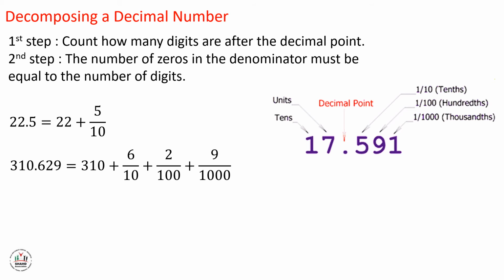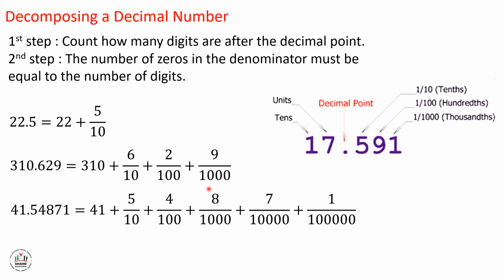So we need to write 1, and to the right of 1 we need to write 2 zeros. Plus 9 over 1, and we count 1, 2, 3. So we write 1 and 3 zeros to the right of 1.